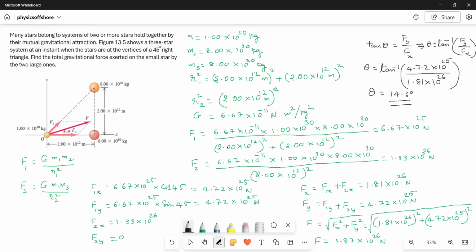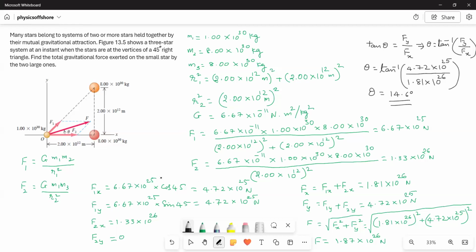Now plug in the values. F1 is equal to G m1 m2 by r1 square. Plugging in all the values and simplifying, we get 6.67 into 10 to the power of 25 newtons. For F2, again we plug in the values and get 1.33 into 10 to the power of 26 newtons.